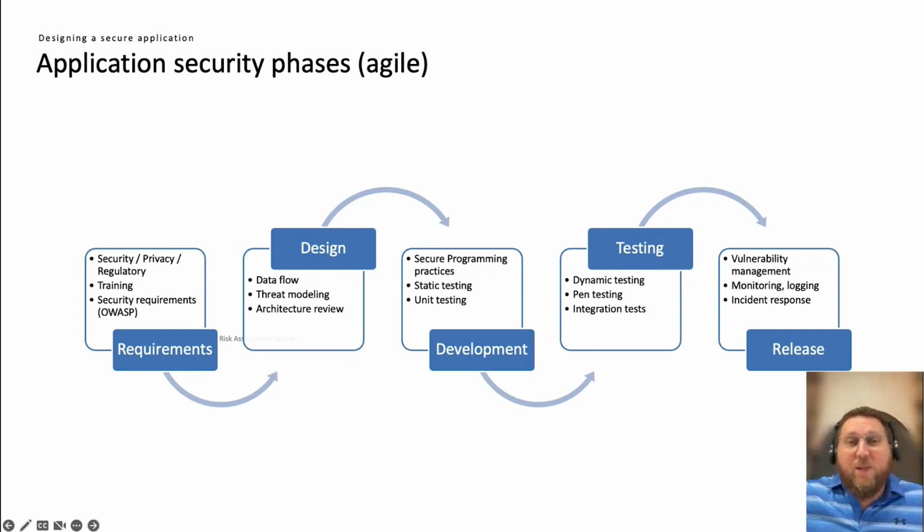What do we need to do from a security perspective? Do we have regulatory needs? How do we have to keep the data? What kind of privacy do we have to provide? What kind of training do we need to give the developers? The developers do need training as well on how to write secure code. What do we need to do from a functions perspective and the like?